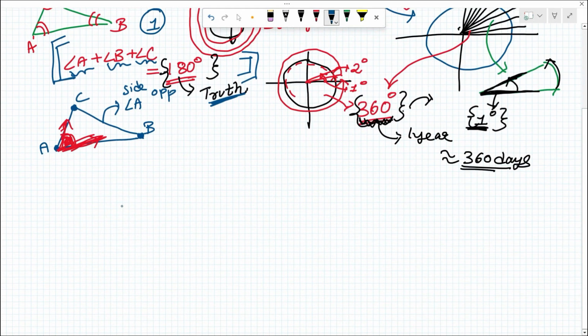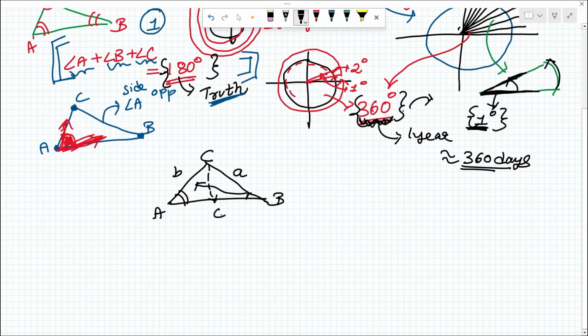So henceforth, this is how I am going to name a triangle. I am going to draw any triangle as A, B, and C. The side opposite to angle A, I'll denote it by small a. The side opposite to angle B, I'll denote it by small b, and the side opposite to angle C, I'll denote it by small c.